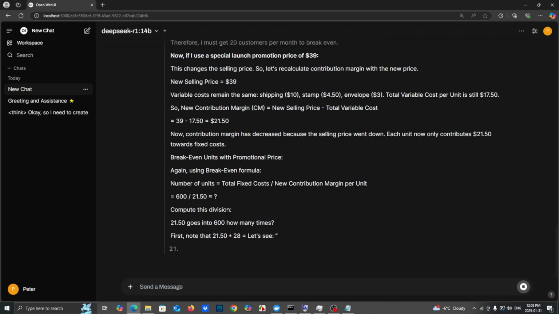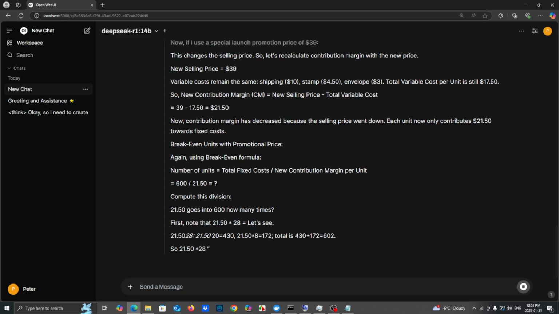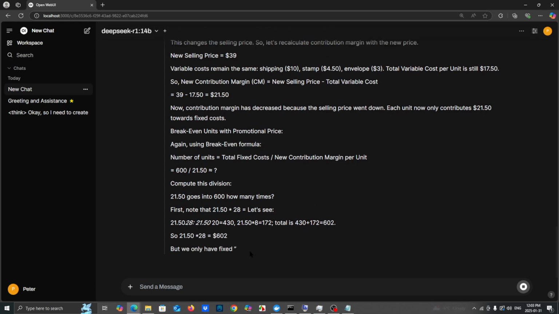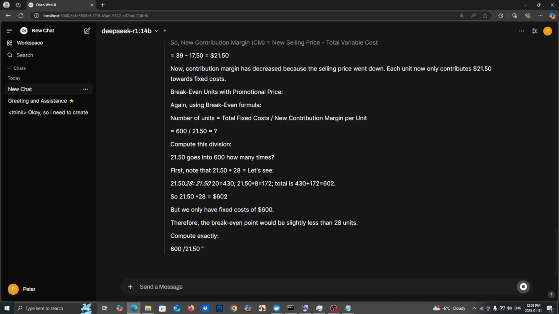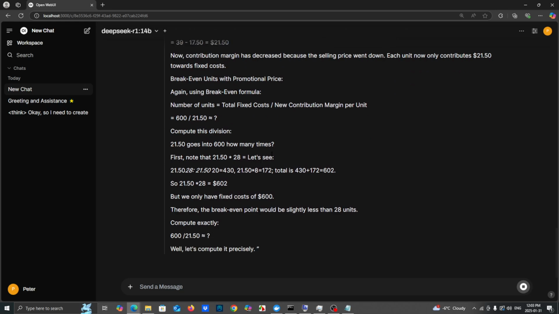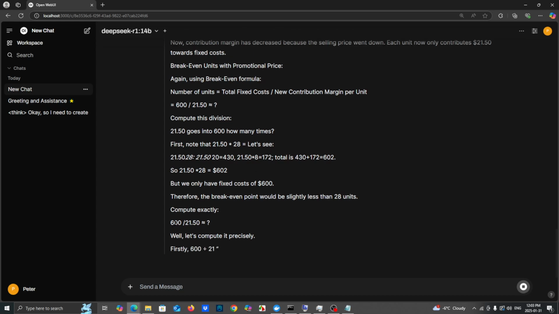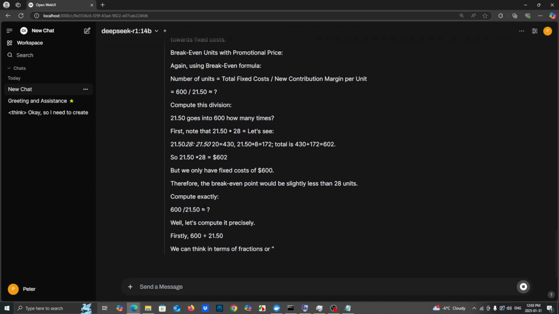So now the new break-even is 600 divided by 21.50, and so the break-even is going to be lower than 20. Wait, no, it's going to be higher than 20. So it's probably 25 or something. Yeah, so 600 divided by 21.50.